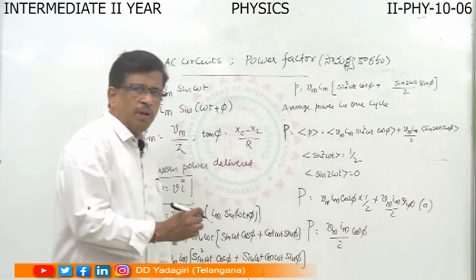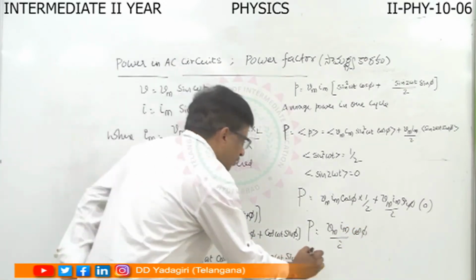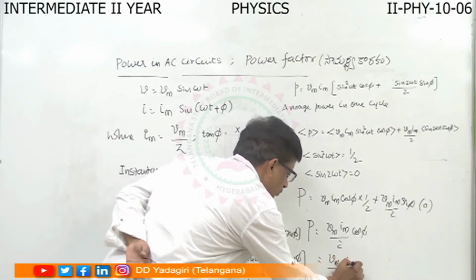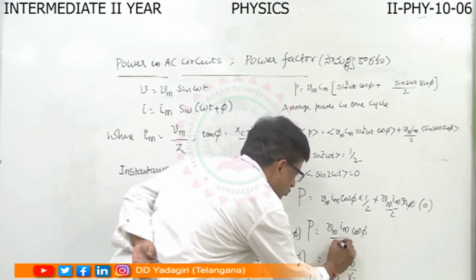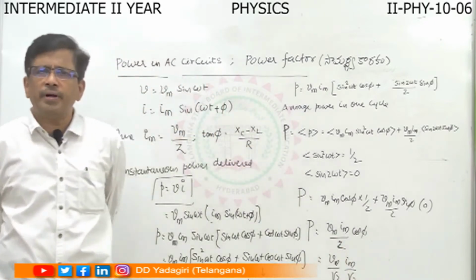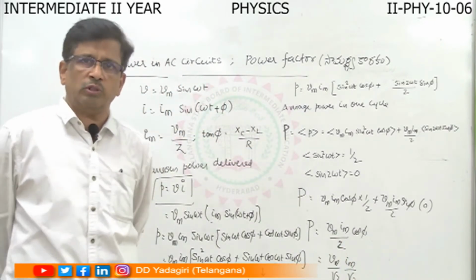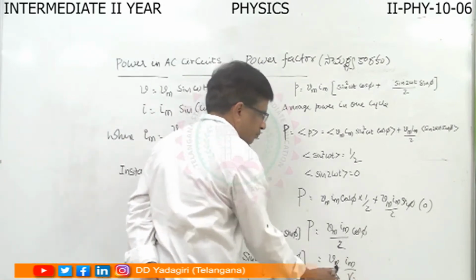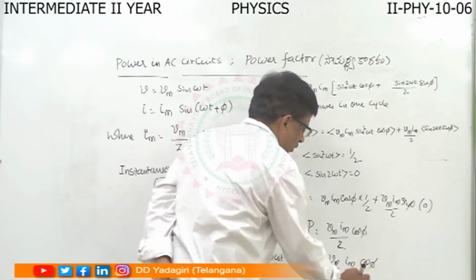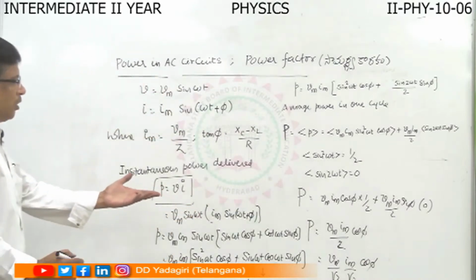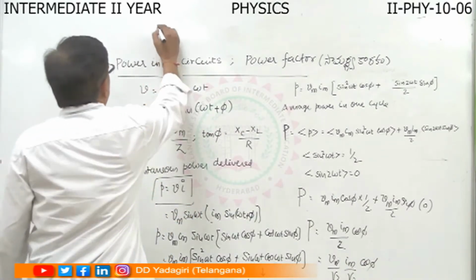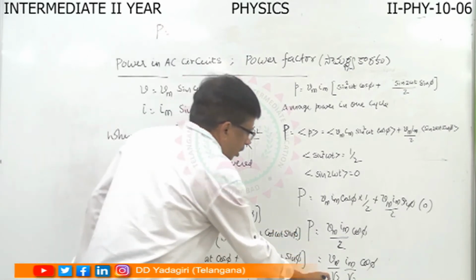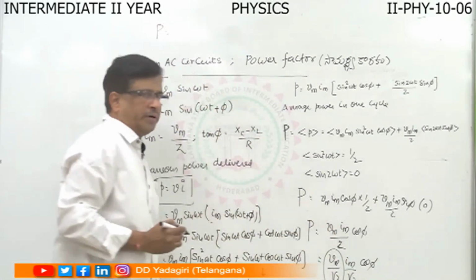You can further simplify and write it as Vm by root 2 into Im by root 2, because 2 can be written as root 2 squared. So root 2 into root 2 is 2. So ultimately what I got, P is equal to Vm by root 2, which is called the RMS value of the voltage.